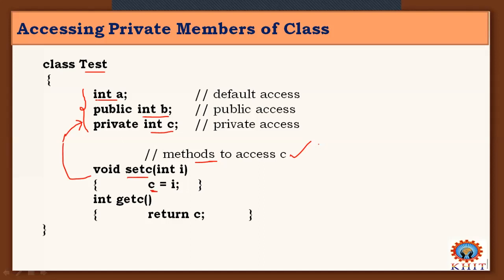This set method receives one integer parameter, and that integer value is assigned to the private variable c. And I have another method of the same class, getC, which simply returns that value. So these two members of the class, void setC and int getC, are trying to access this private data int c of the class Test. Is it possible? Let me check.